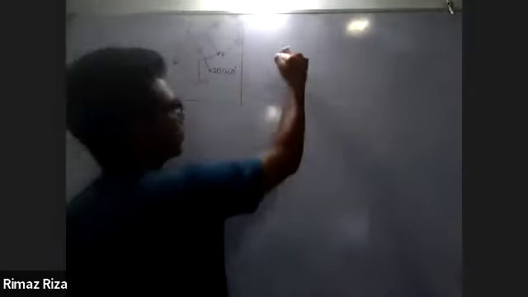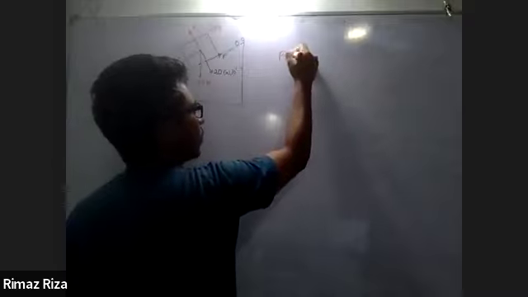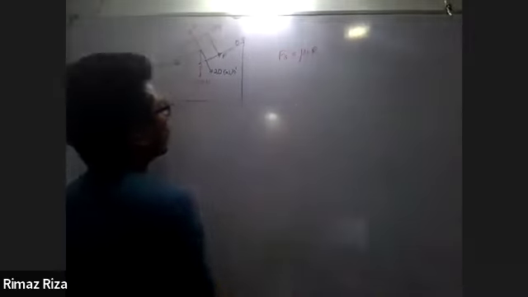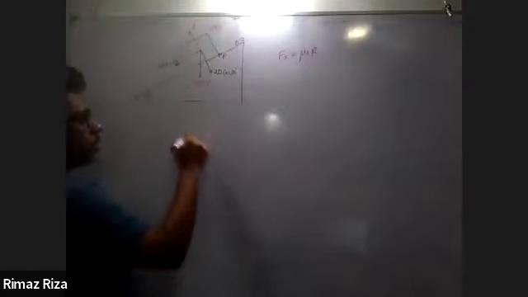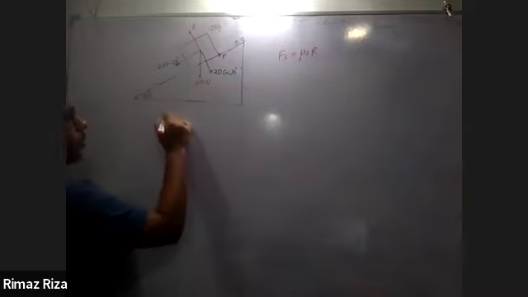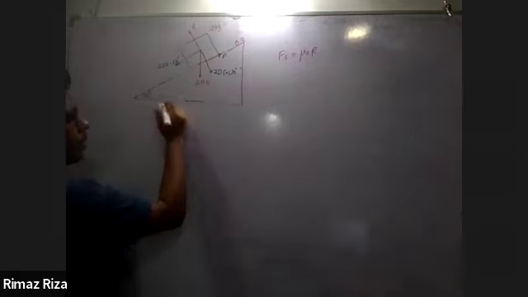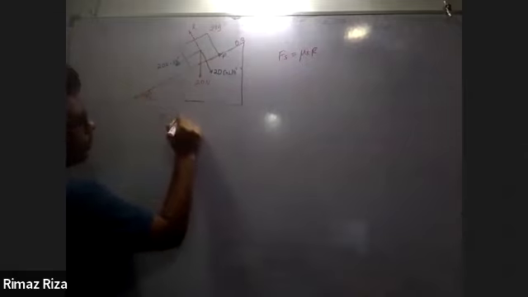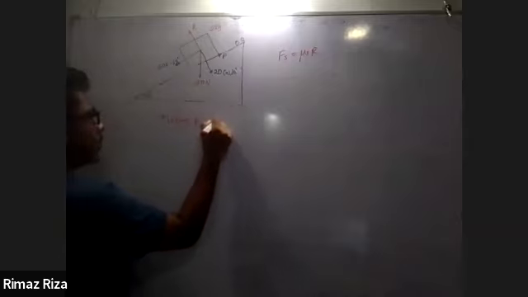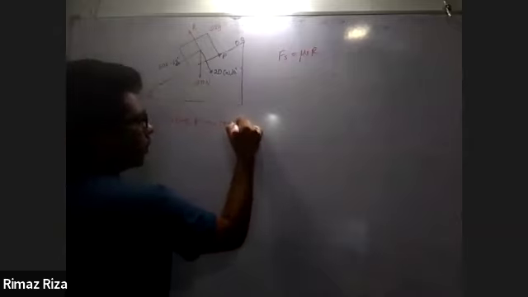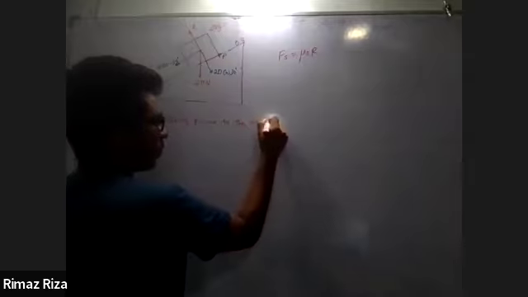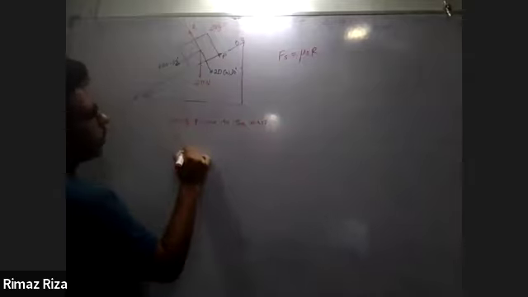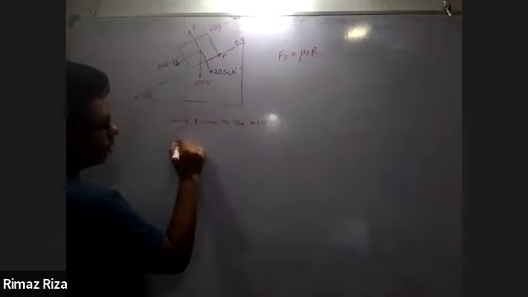So here first you have to calculate the static friction force, the limiting static friction force. So Fs equals mu s times R, right? But here R is found by considering the equilibrium. Using F equals ma, I consider this direction, 30 degrees.